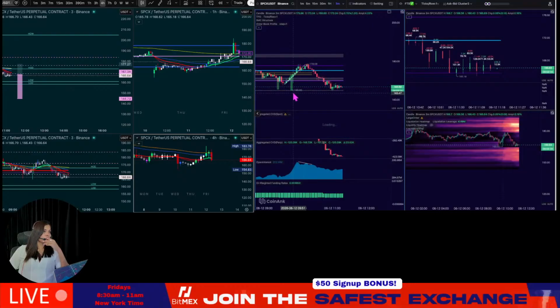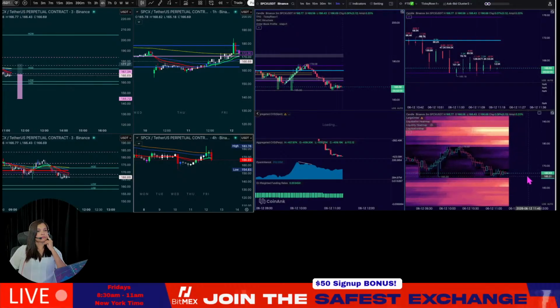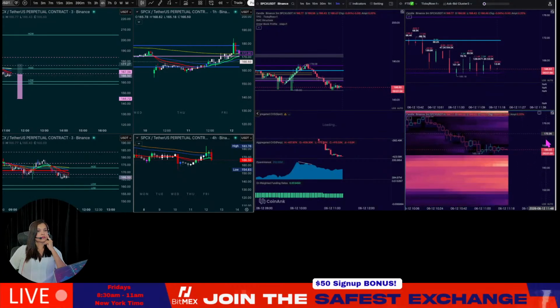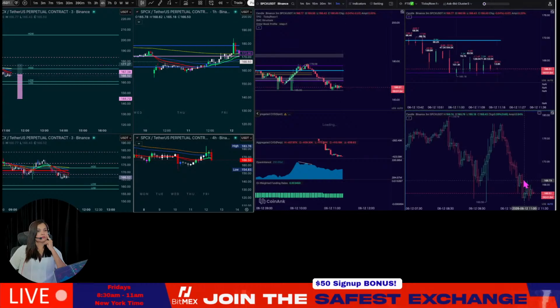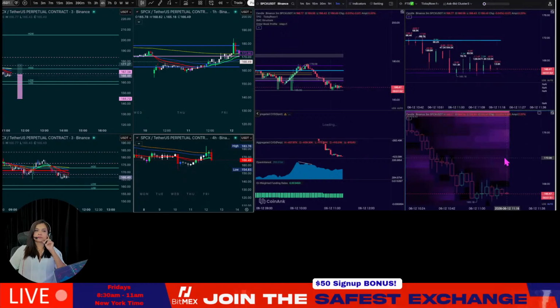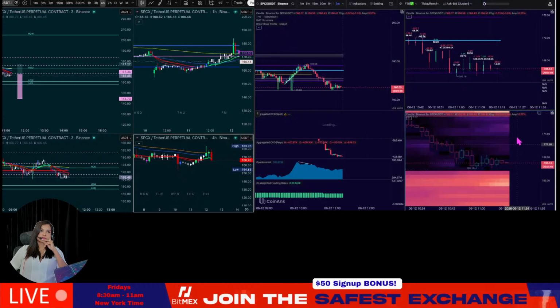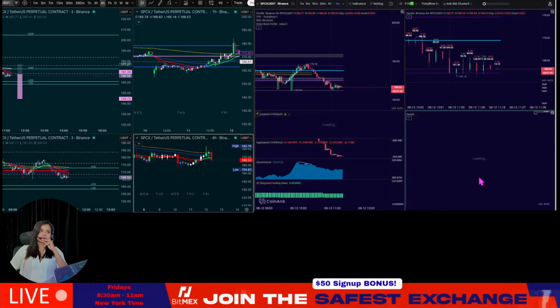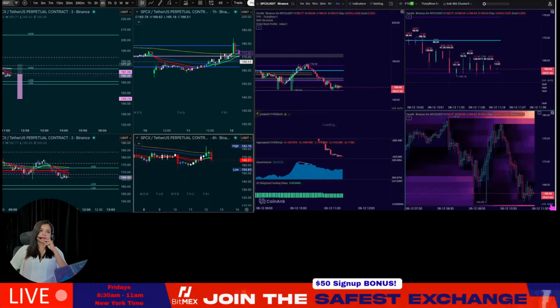This is a weak support. Doesn't look like a strong support, but they're really trying. Look at that. Look at all that liquidation level here. Here, let me zoom it in for you.